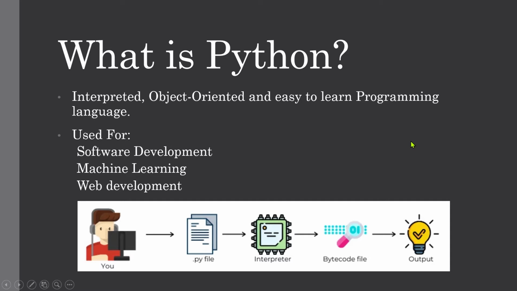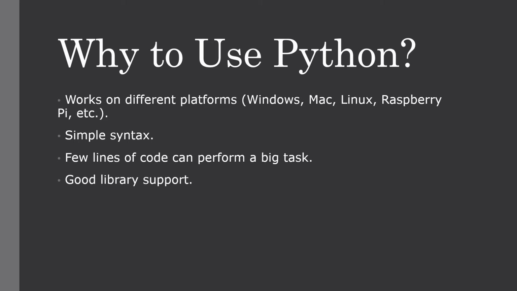So now as we know what Python is, let us see why to use Python. There are four main reasons to use Python. The first is that Python works on many different platforms such as Windows, Mac, Linux, Raspberry Pi, etc. Python also has a simple syntax compared to other programming languages.